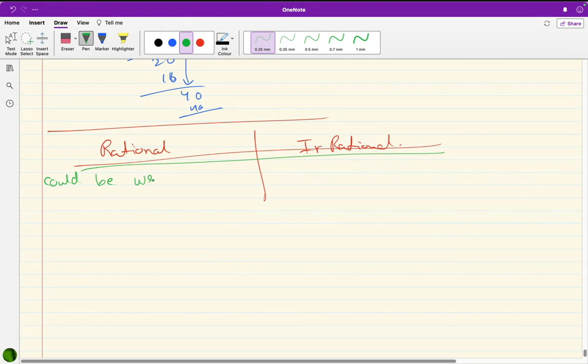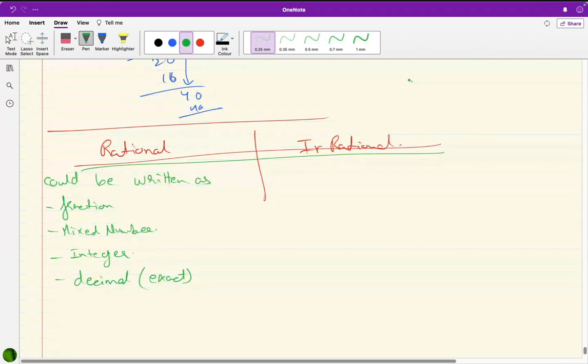Could be written as fraction, mixed number, integer, decimal, but that has to be exact. For example, 0.7 is an exact number and not the number when we punch something in calculator and we get a very long number after the decimal, which is also not complete on the screen. So these are rational numbers.